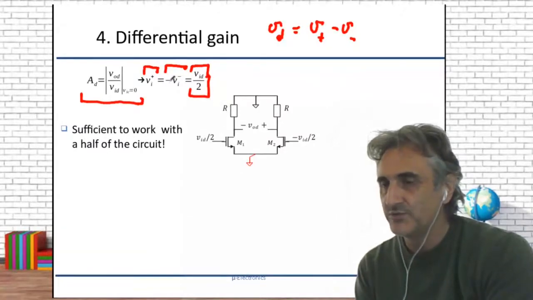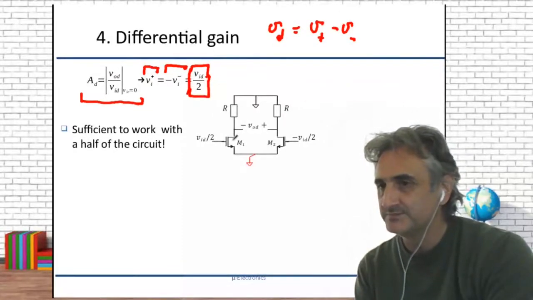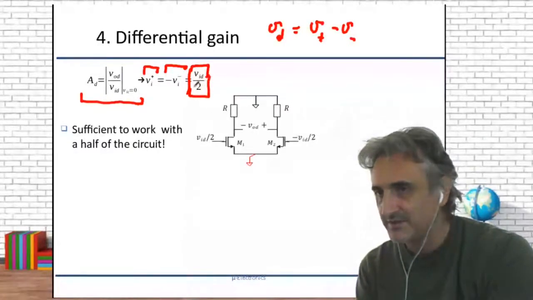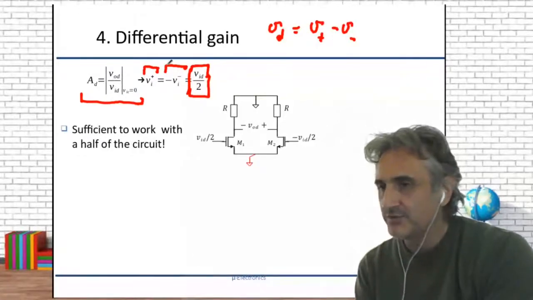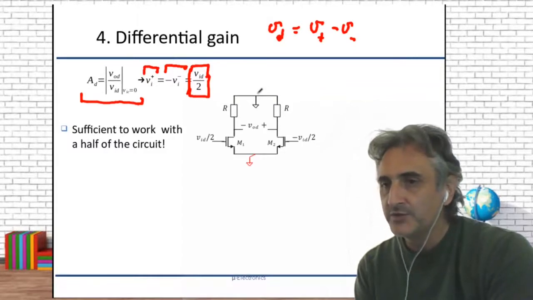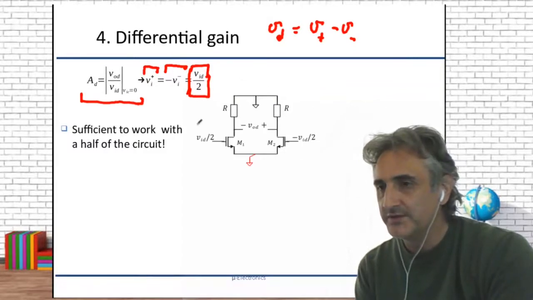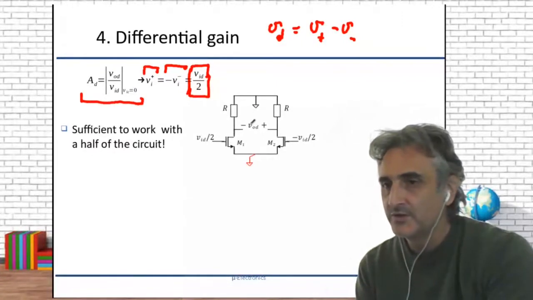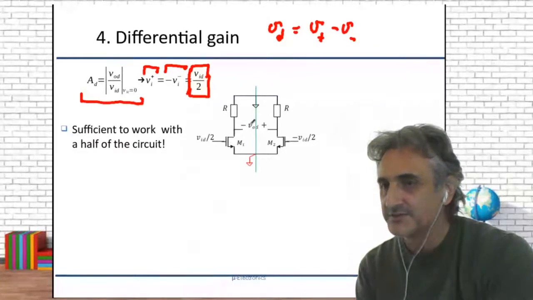So if they are equal in absolute value, we get this expression. When we are in these conditions, we don't need to work with the full circuit. We need to work only with 1/2 of the circuit.